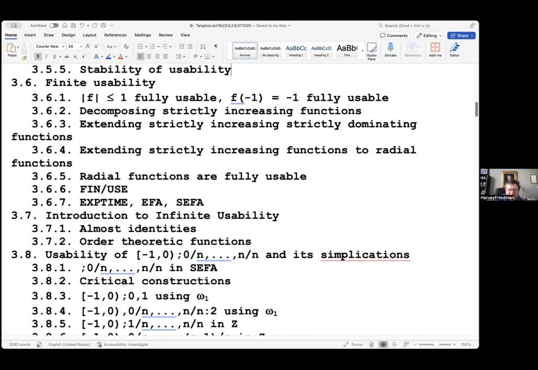And that's the same as being weakly usable, meaning, let's say, two usable. One usable is a special thing that is completely analyzed, a comparatively trivial situation. Two usability all the way up to full usability are all the same for finite functions.